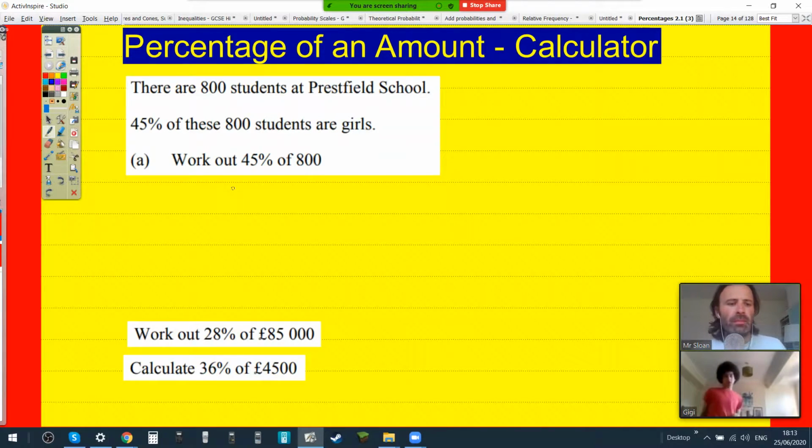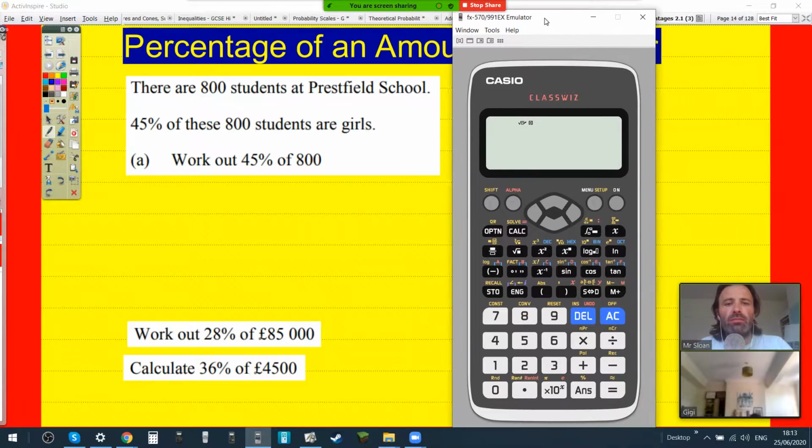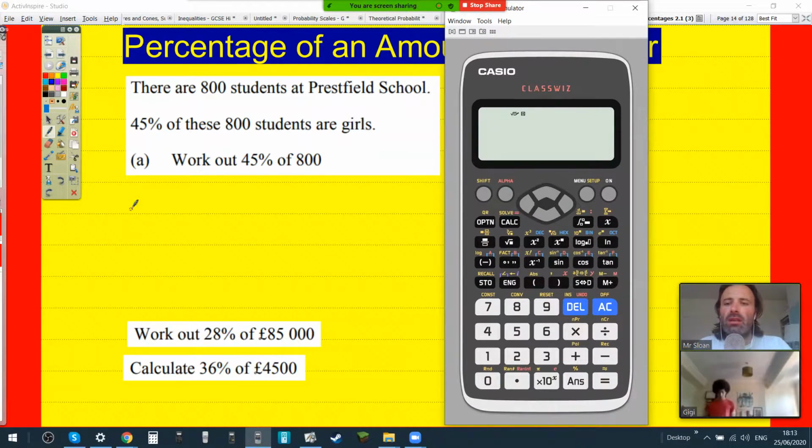I'm not sure where it is, but I can use my phone if that's all right. Yep, and I've got an on-screen calculator as well, so we can use both. You can use your phone as well, if you can do percentage.